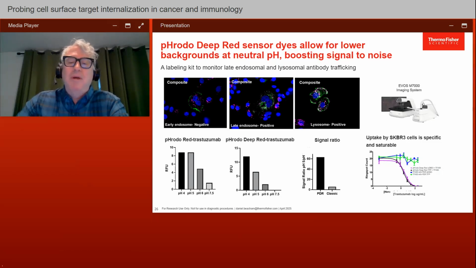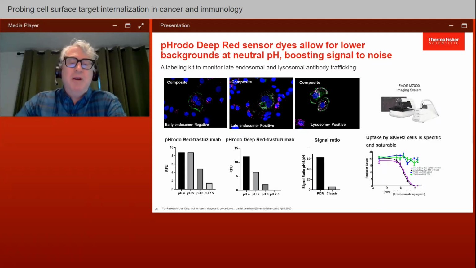The secret of that is in the molecular structure of the dye. If you have any interest in understanding more about the dyes themselves, you can reach out to our sales or tech support staff, and they'll either tell you themselves or put you in touch with us. This dye actually opens and closes in a pH dependent manner, so in the off state, it is off.